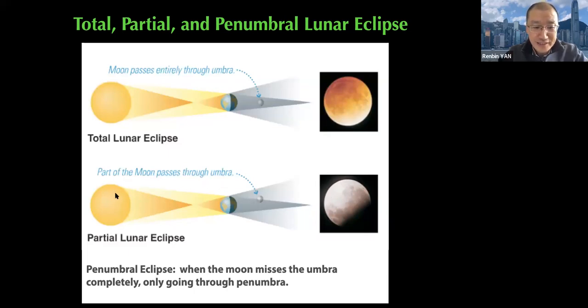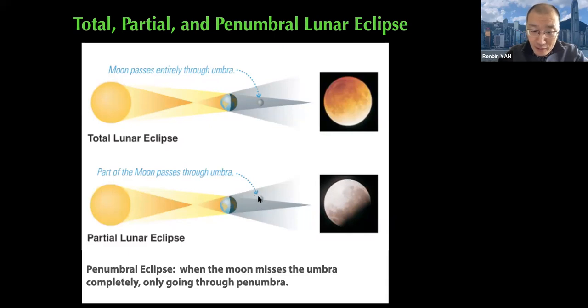Even if you see half of the sun or like 10% of the sun, it is still going to give you a lot of light. And so this is when we will have a partial lunar eclipse. Part of the moon is in the umbra part of the shadow, and part of the moon is in the penumbra part of the shadow.